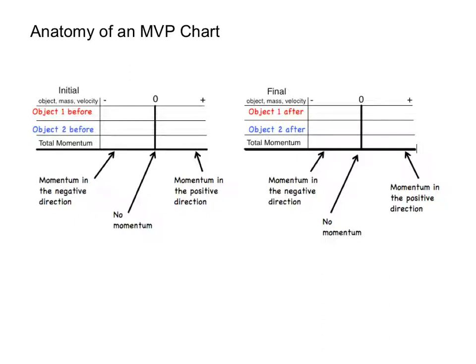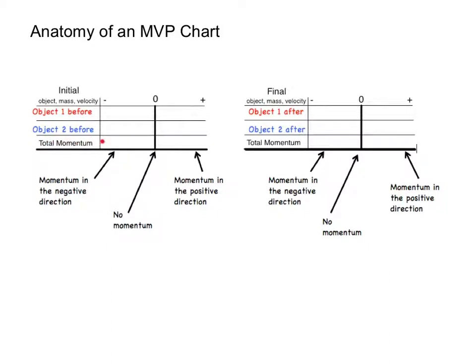Alright, so before our example, what we're going to do is just talk about the anatomy of an MVP chart. As I was talking about before, an MVP chart consists of 2 momentum bar graphs. Now, these bar graphs are sideways, okay? Unlike LOL diagrams where our bars were vertical, for an MVP chart, our bars go left and right, and that's because we've got positive momentum and negative momentum. Each row is dedicated to an object.